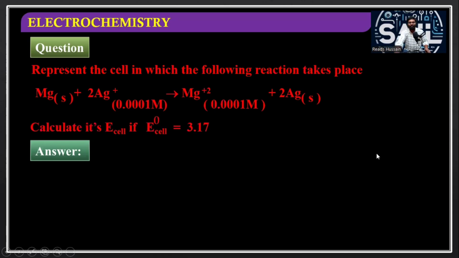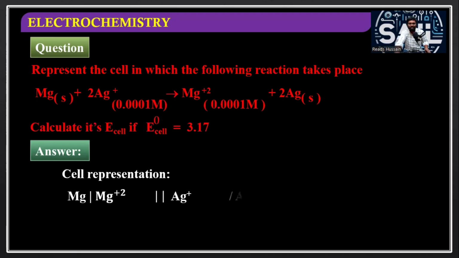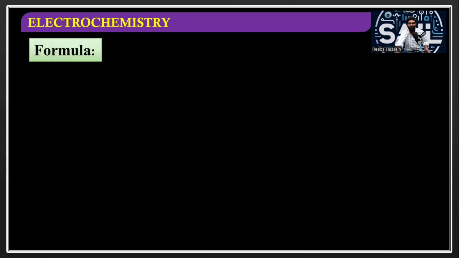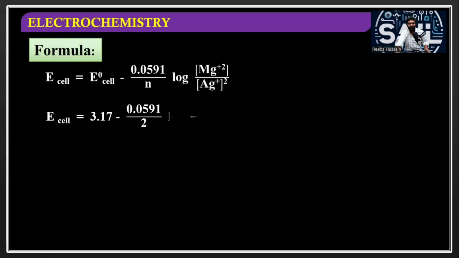Let's see. Calculate the EMF of the cell if E naught is equal to 3.17. First, what is the cell representation? What is the formula? E cell is equal to E naught cell minus 0.0591 by N log product concentration by reactant concentration.